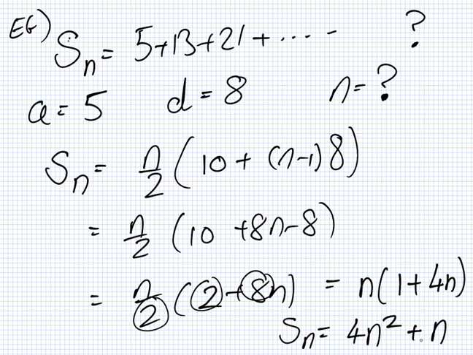For example, if I want you to add the first 100 terms, 100 squared is 10,000. 10,000 times 4 is 40,000, plus 100, 40,100. So you can add as many numbers together as you want using this formula.